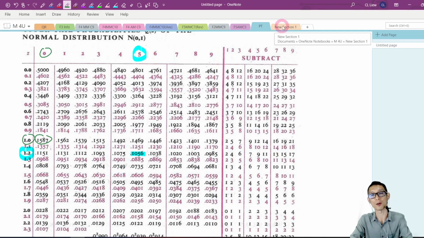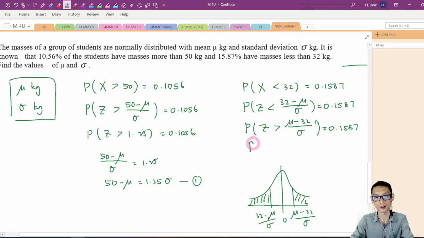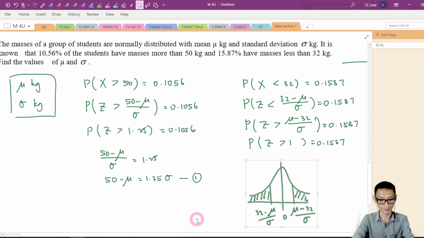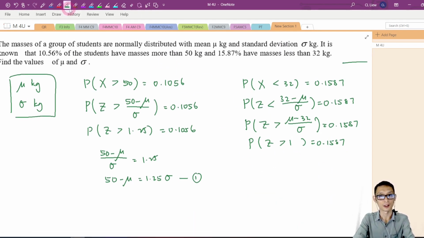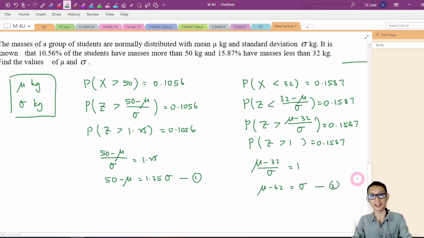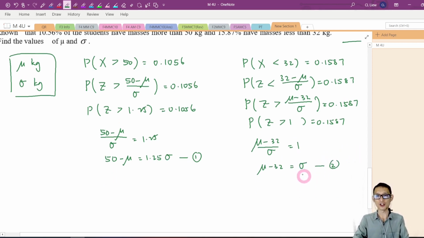So you don't have to write 1.00, you just write 1. By comparison, then we know that this is actually equal to 1, right? Bring it up. Now we have formed the second equation. We know that the standard deviation is equal to this.